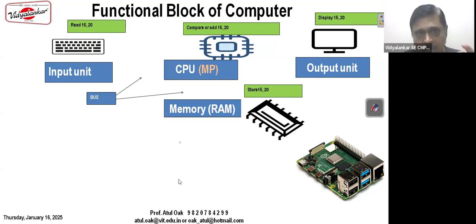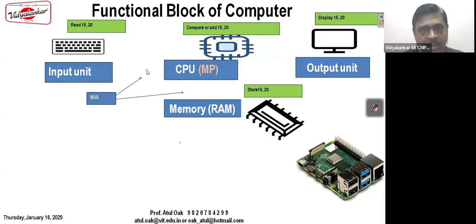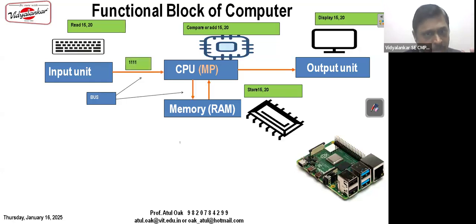Bus is a communication between different functional blocks of a computer. Bus is the group of metallic conducting path or wires to share data between two hardware units of a computer.